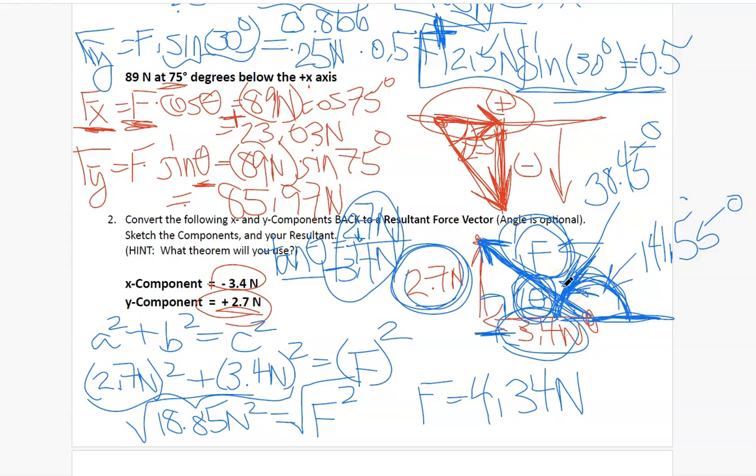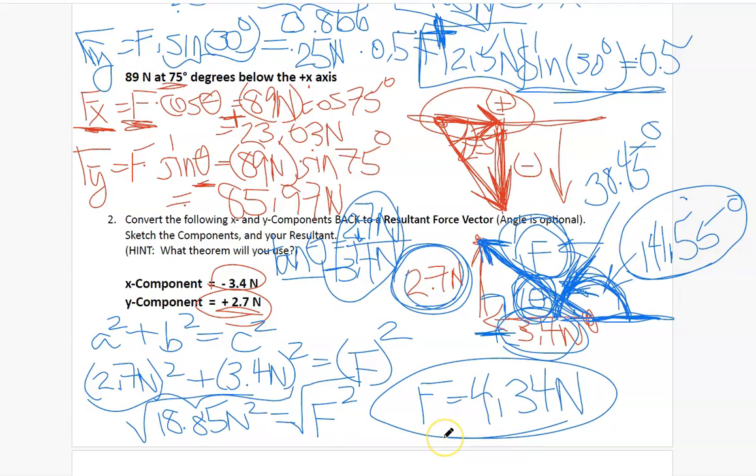And if you were involved in real geometry, or you were dealing with directional forces that were diagonal, this is how you'd properly describe that force. You would say it has a magnitude of 4.34 newtons at an angle of 141.55 degrees.